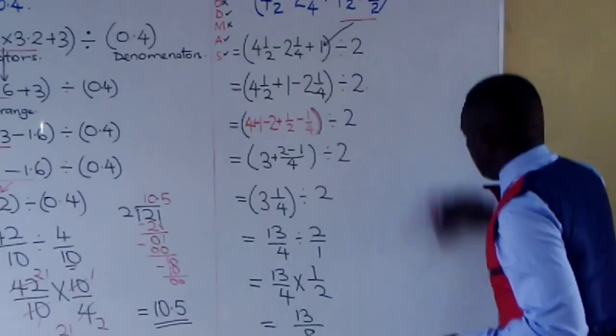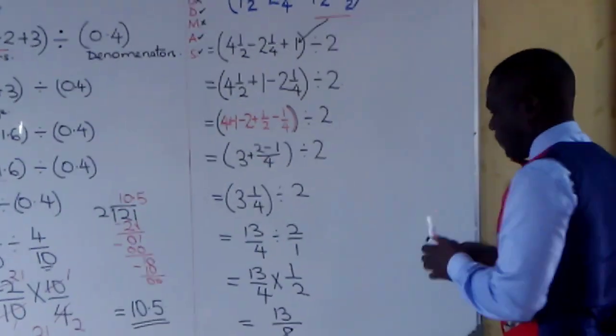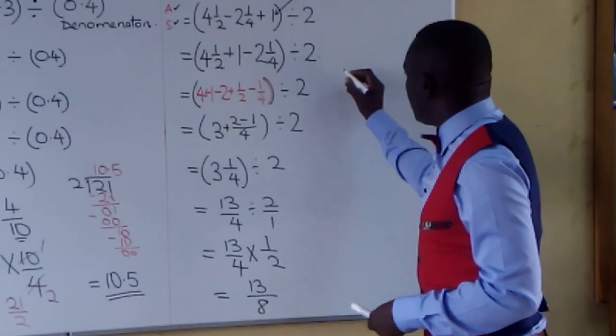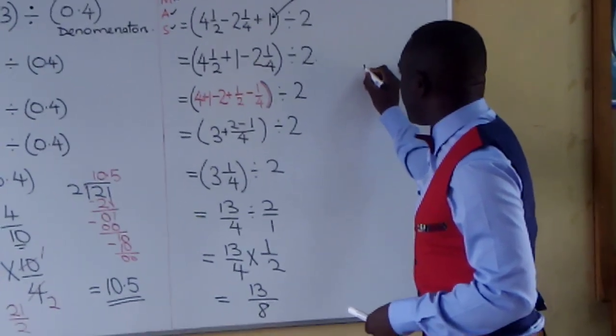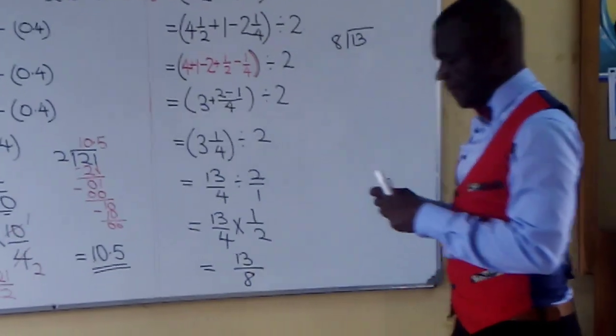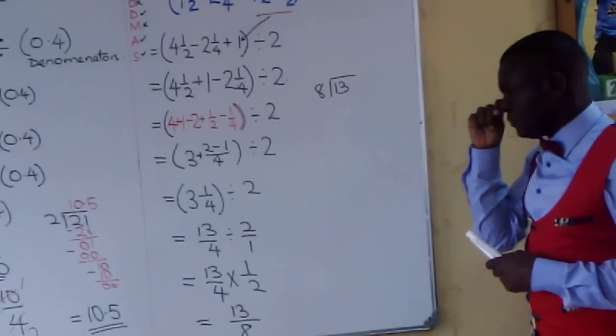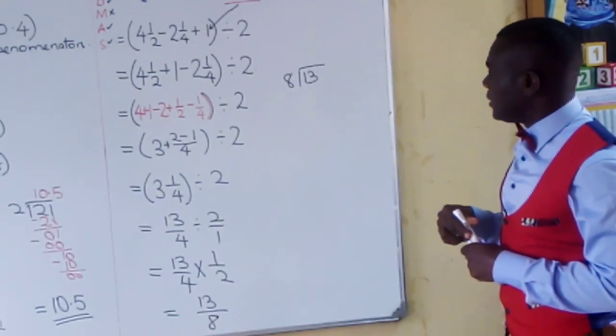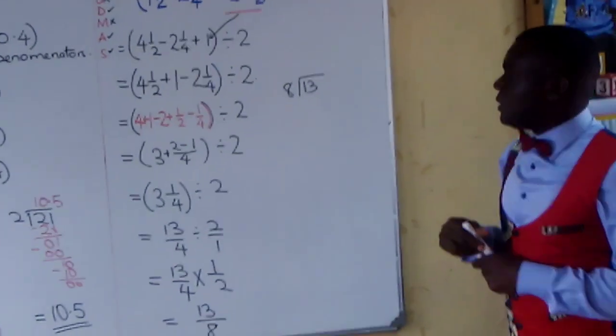Allow me to clean here. We change it into a mixed number. So we divide 13 by 8. Yes, Sylvia?